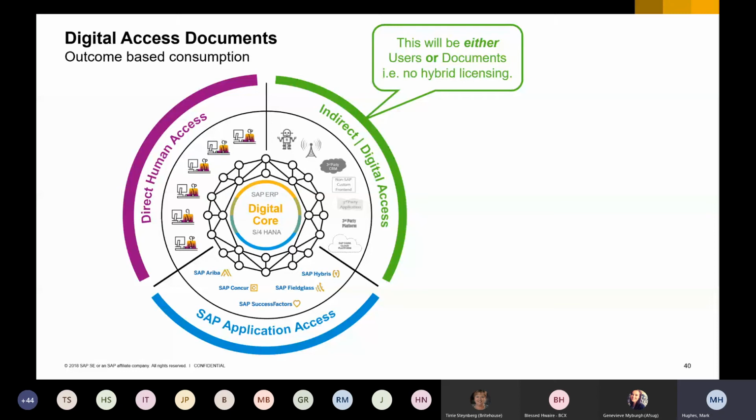And in some cases, the business case makes far more sense if you have a smaller community of users that are perhaps processing a high volume of digital access document types. It makes far more sense to stay with the named user license model. But just to highlight here that there is a choice, and there's no obligation put on anybody by SAP to move into this new digital access license model.